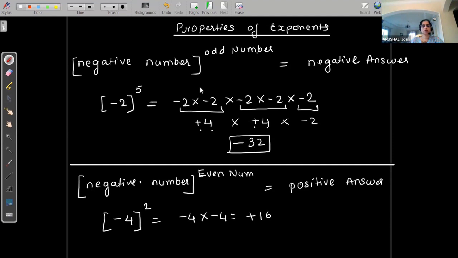So just to take an example, if I have to give you 2 raised to -3, can you all find out what the answer would be? Which law will you use? We know a to the power minus m is equal to 1 by a to the power m, correct?